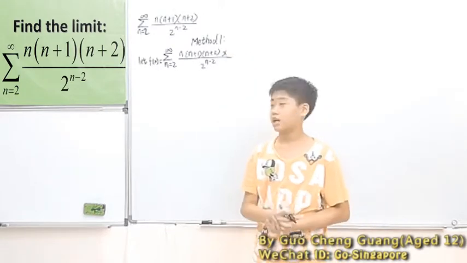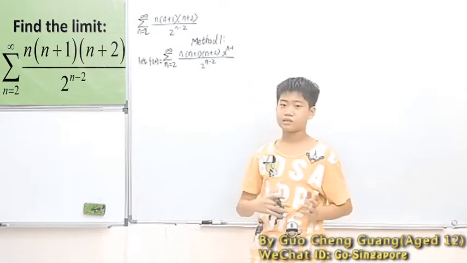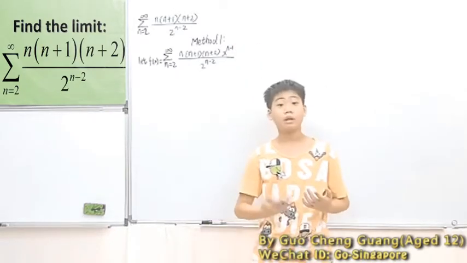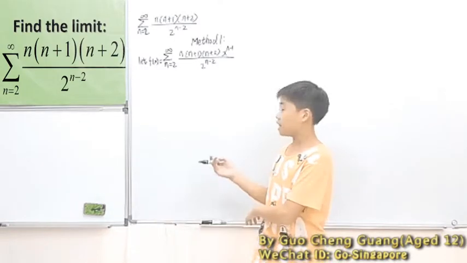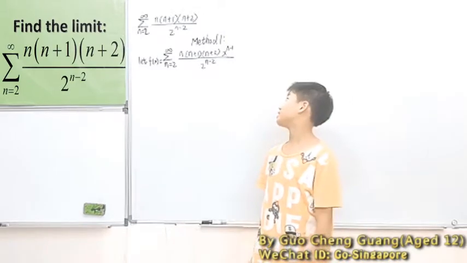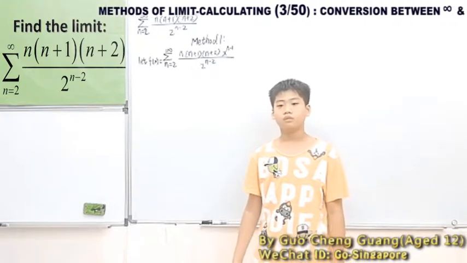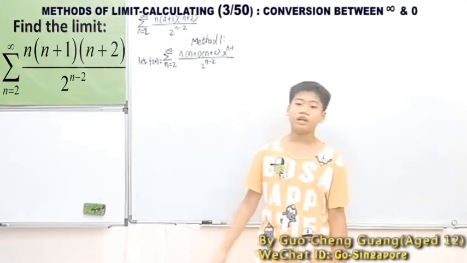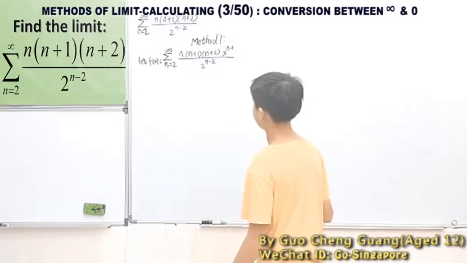Can it be n minus 1? Well, I recommend this is the best, because if you use n minus 2, you have to times another x, then have to divide another x. If you say it's just n, then you have to take out an x, and there'll be an extra x there, and it'll make things difficult for you.